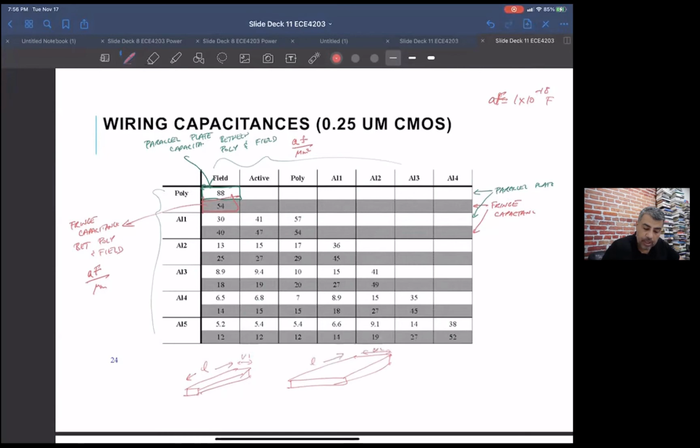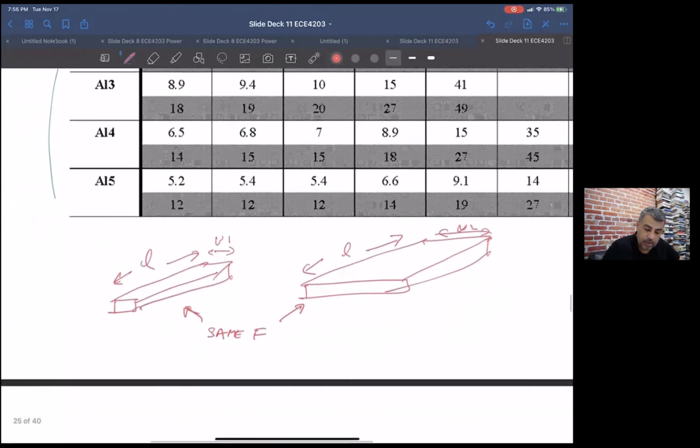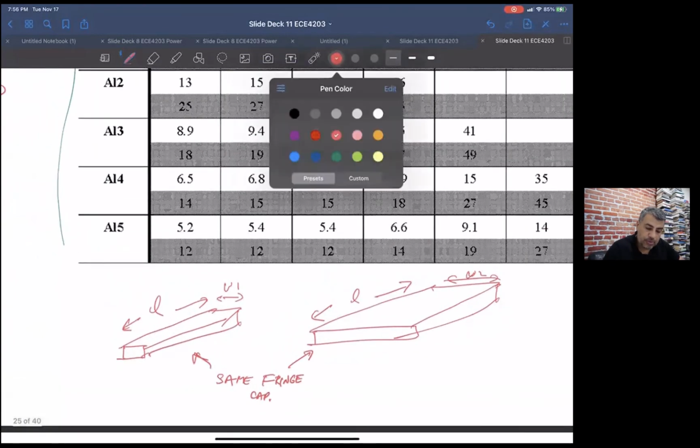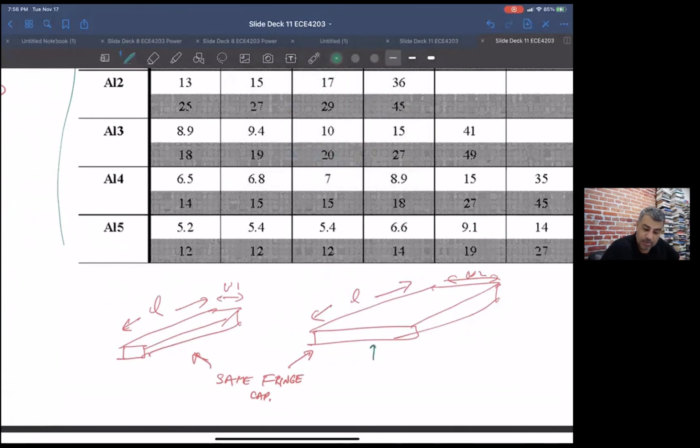Both of these would have the same fringe capacitance. But of course, the wider one would have higher parallel plate capacitance because that's area dependent.